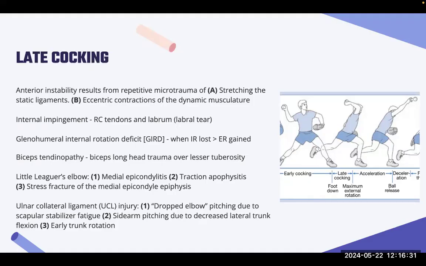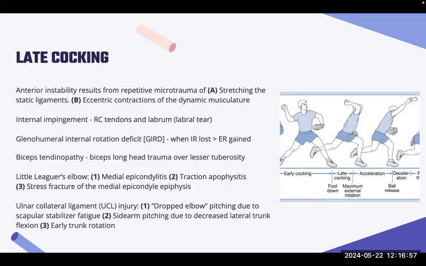We can see GIRD, not GERD, which is what Suze and Austin have after drinking coffee. And remember, we define that as when internal rotation is lost and external rotation is gained, but your arc of motion should be 180 degrees. When it becomes less than 180 degrees, that's when you have the internal rotation deficit.